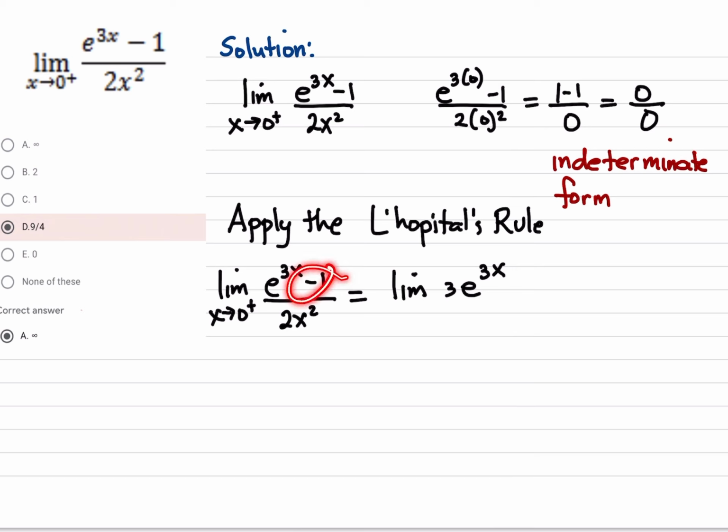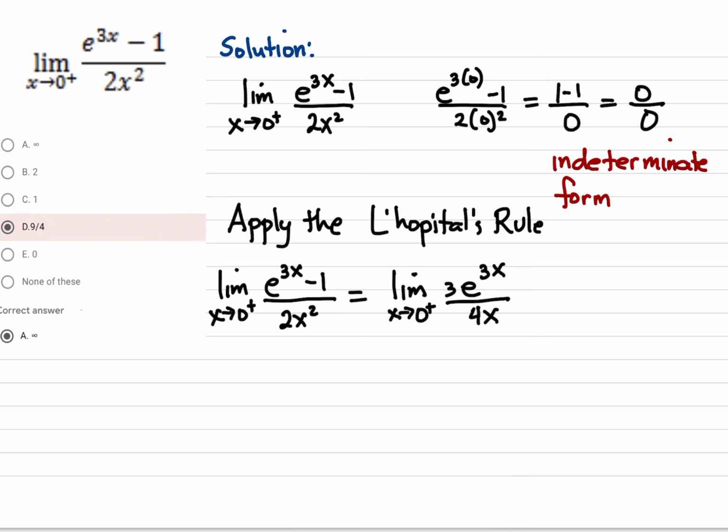The derivative of negative 1 is 0, so we don't have to write that, all over the derivative of the denominator. The derivative of 2x squared is 4x, as x approaches 0 from the right.